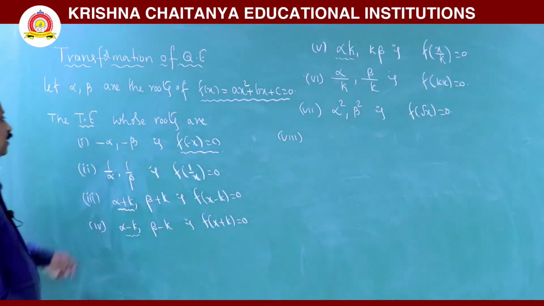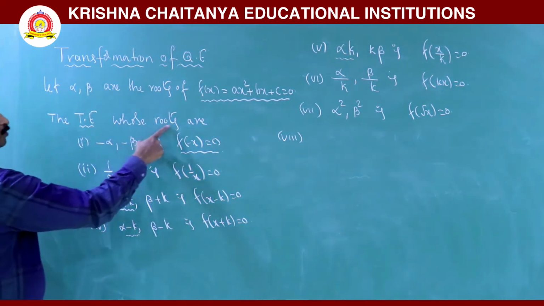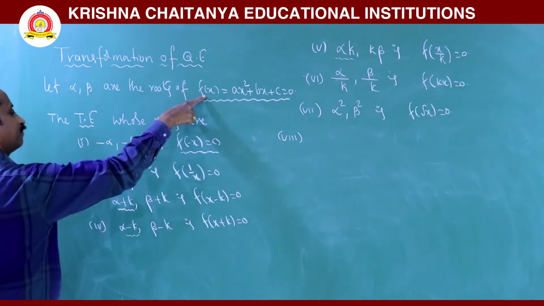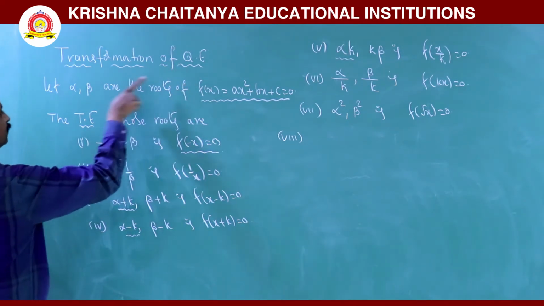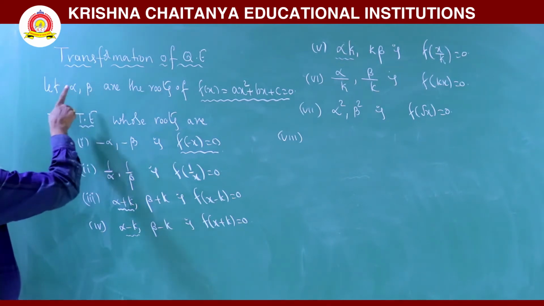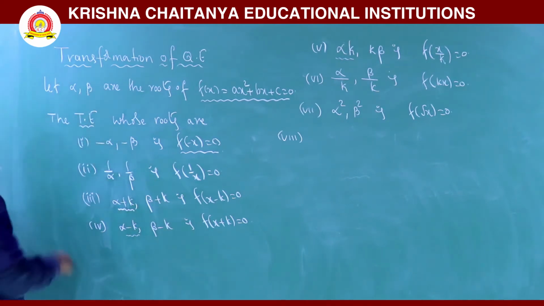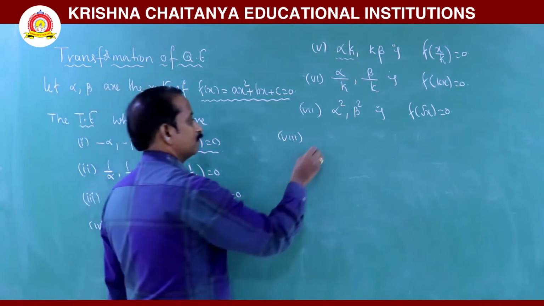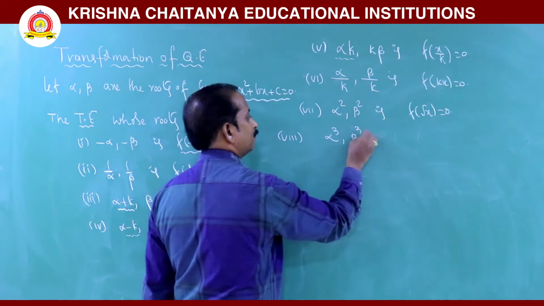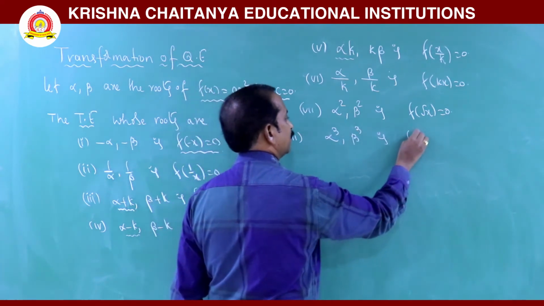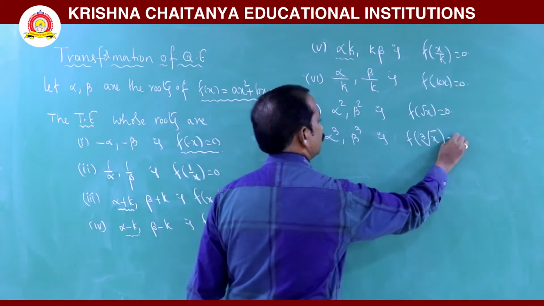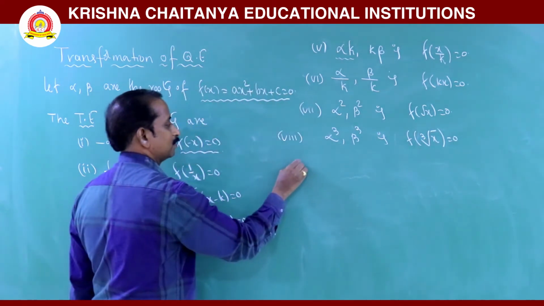The transformed equation whose roots are cubes of the roots of f of x is equal to 0. The roots of f of x is equal to 0 are alpha and beta. Their cubes mean alpha cube, beta cube. So we need a transformed equation whose roots are alpha cube, beta cube. I can write it directly as f of cube root of x is equal to 0. Next, come to the ninth one.